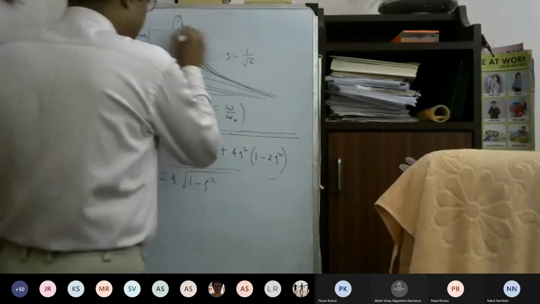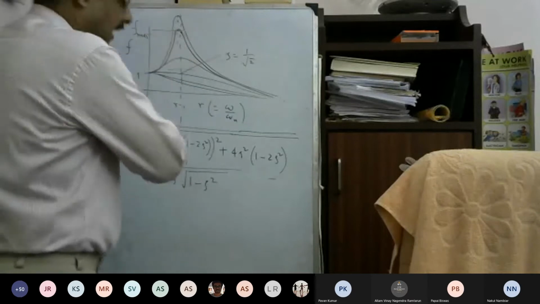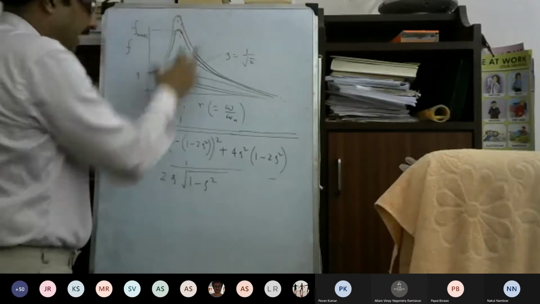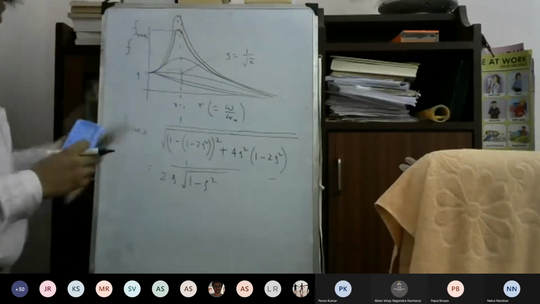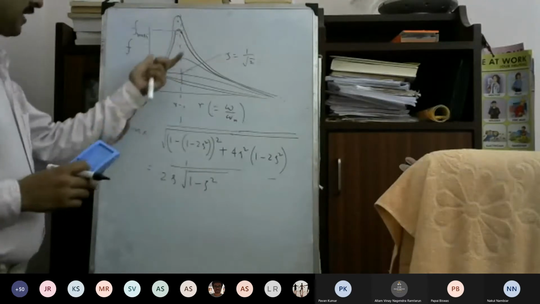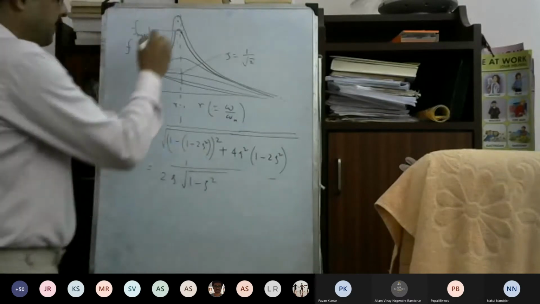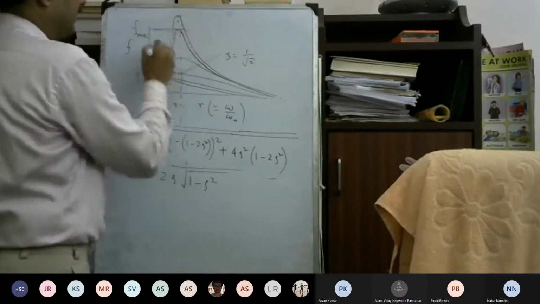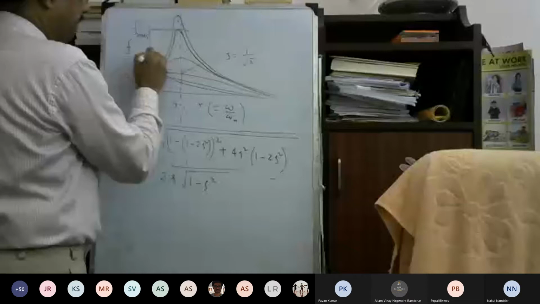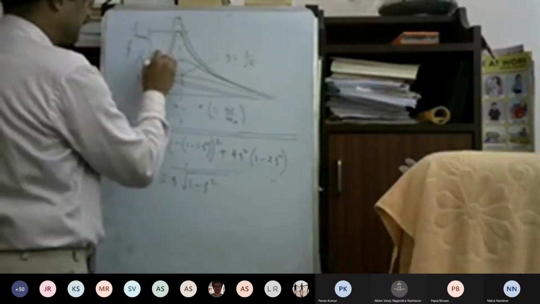Again, another thing seen now is that if the value of zeta is increasing, it is becoming broader and broader, in the sense that we want to find out when the amplitude becomes 1 by root 2 of F max.